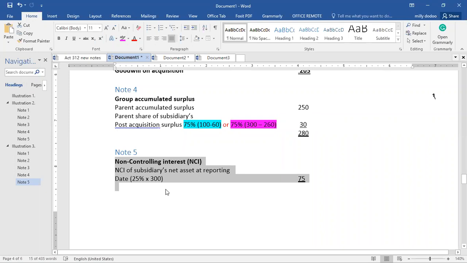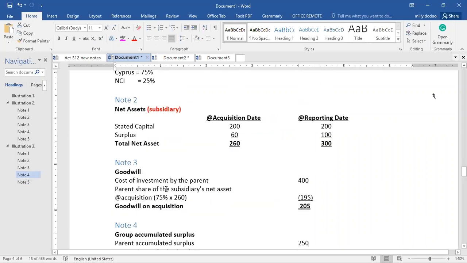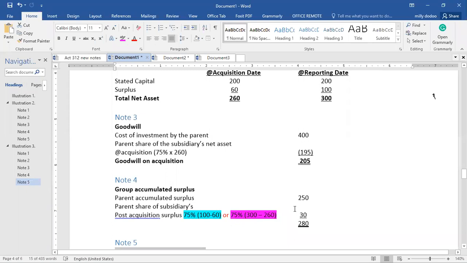So that based on that, you know the gross goodwill on the company. Then you test for impairment. Then you see whether goodwill has suffered impairment or not. Otherwise, you cannot be in a position to say something proper about the company. That is what gives birth to fair value of NCI under group accounting.